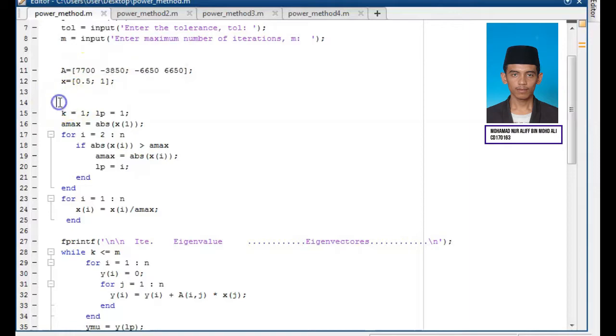Then we need to insert the trial vector. Our group chose to use 0.5 and 1. The program command will let MATLAB know what to calculate. After finishing, we can now compile and run the program.